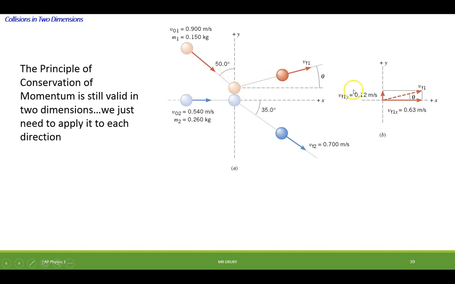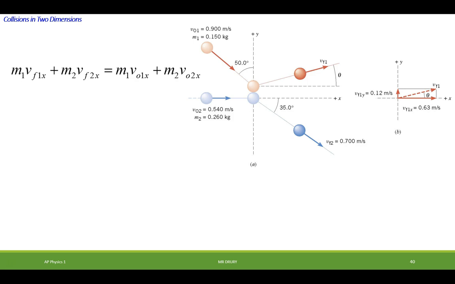You can find out how much its final velocity is in the y and what the final velocity is in the x. And you could do that with every term, with this one, and this one. And really what you could then do is apply the conservation of momentum to both the x direction and the y direction and find out the answers. It's a little bit more complicated, but it's the same principle.